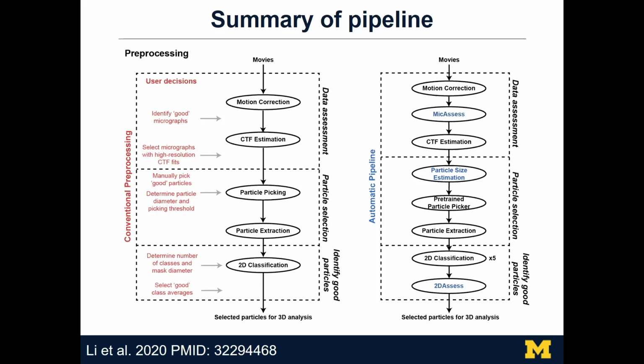We try to replace all human decisions to automate the whole process, which is shown on the right. The pipeline takes the data from the microscope as the input, and without any human tuning or decisions, it outputs a clean stack of particles after 2D classification. That is the particle stack ready for 3D analysis.